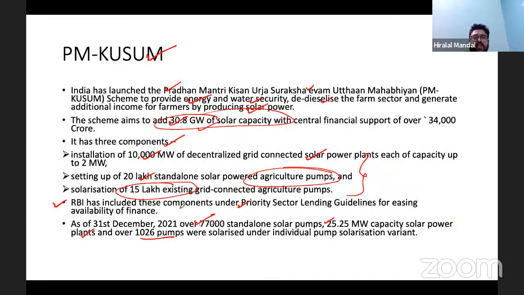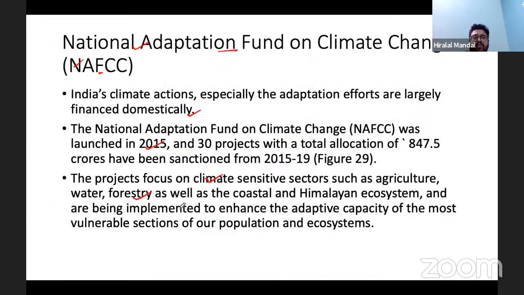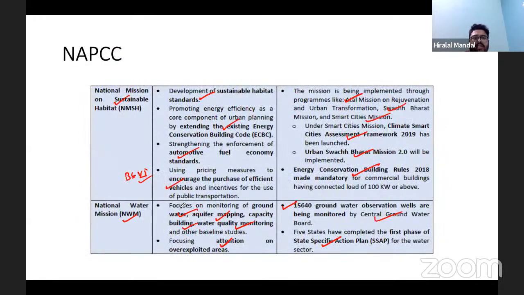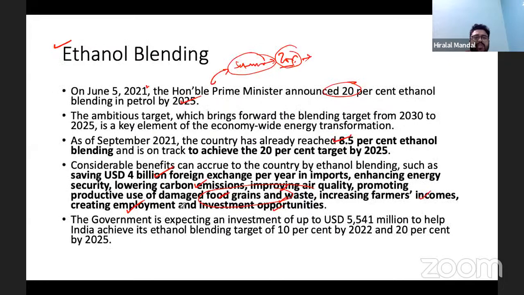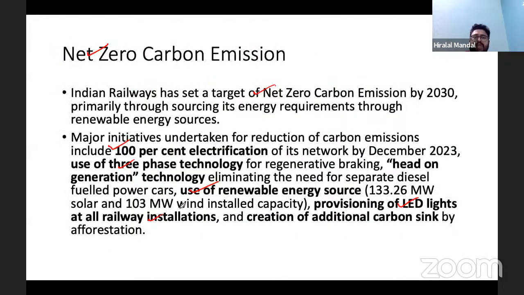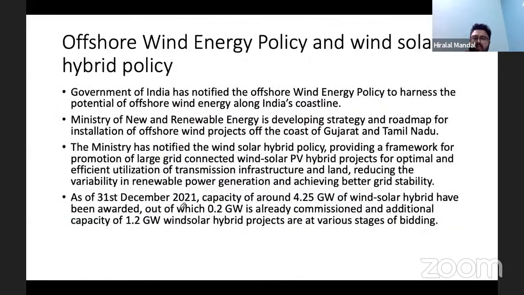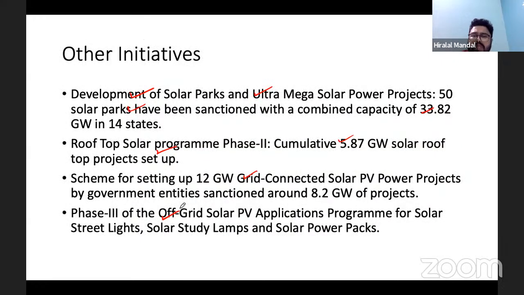So these are the major initiatives that the government of India has taken with respect to climate change. The major programs are NAPCC and NAFCC. There is another climate change action program. There is the National Hydrogen Mission, ethanol blending efforts, net zero carbon emission by railways, PM Kusum, offshore wind energy policy, then the wind solar hybrid power policy, apart from the development of solar parks and ultra mega solar power projects, the rooftop solar power program, a scheme for setting up 12 megawatt grid connected solar photovoltaic power projects, and the off-grid solar photovoltaic application program, launched by the government of India.